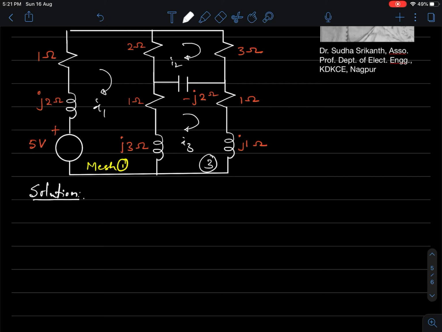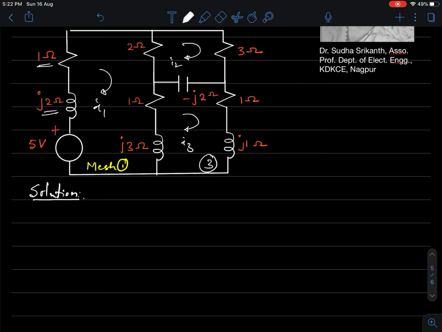So here this first mesh has got some real parts and some imaginary parts. The real part is the resistive part of the impedance, and the imaginary part is either inductive reactance or capacitive reactance.